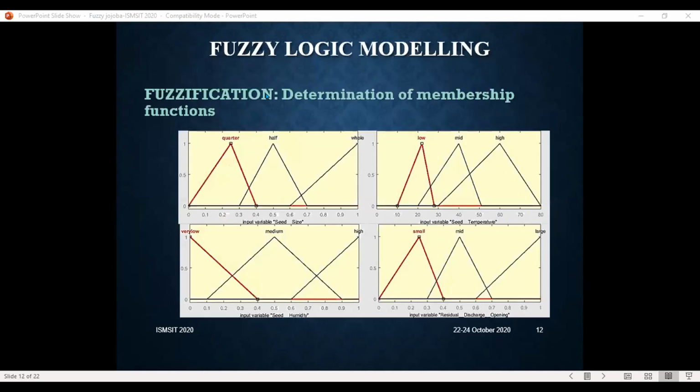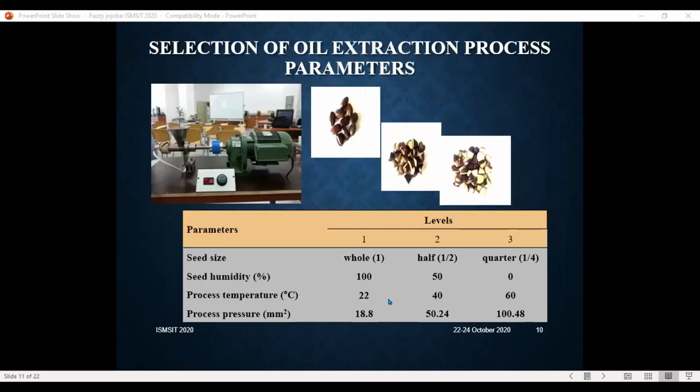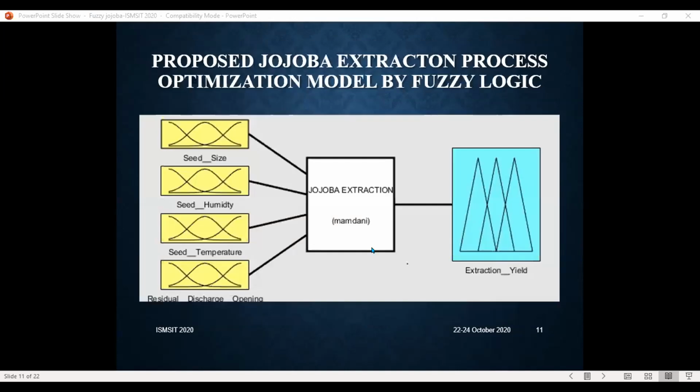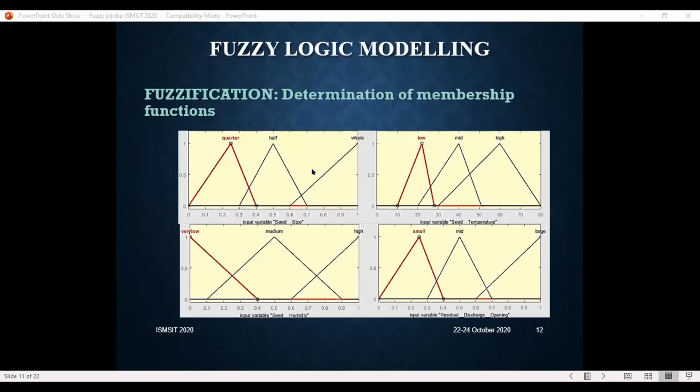In the first step, fuzzification, the data we have uses numerical values. If there are verbal values like whole, we convert them into numbers like 1, 0.1, 0.25, and so on.